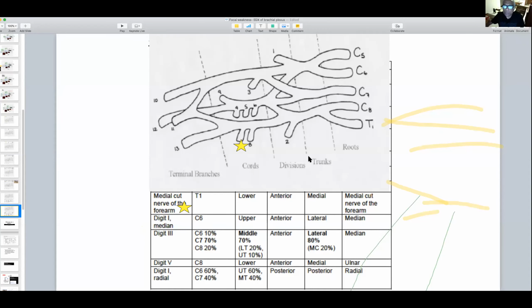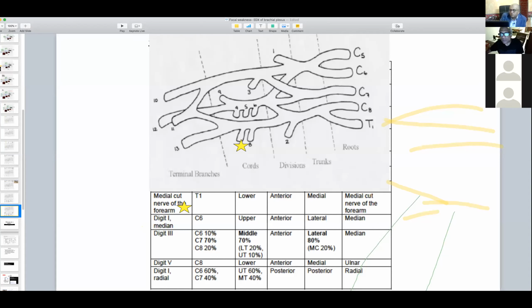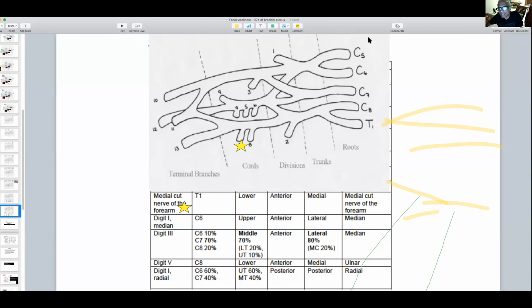If it is pre-ganglionic, that means proximal to the dorsal root ganglion. It means that the pathology is between the central nervous system and the peripheral nervous system. We know that in the central nervous system there's no regeneration; that's why all our stroke patients do badly. But in the peripheral nervous system, there is regeneration. There cannot be regeneration between the peripheral and central nervous system. So root avulsion means poor prognosis.